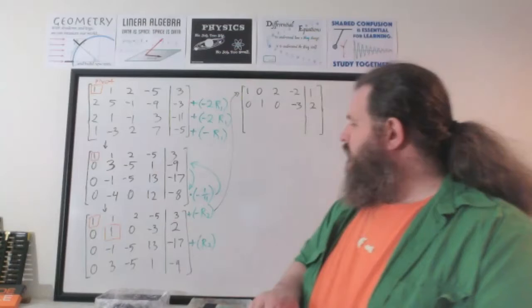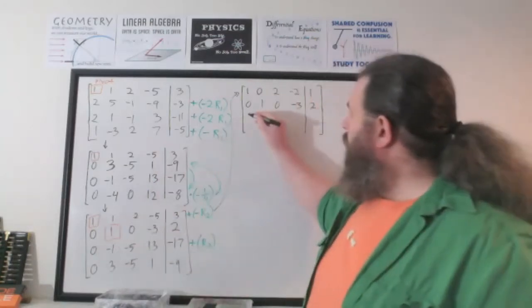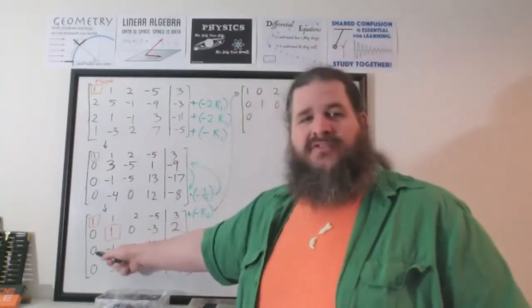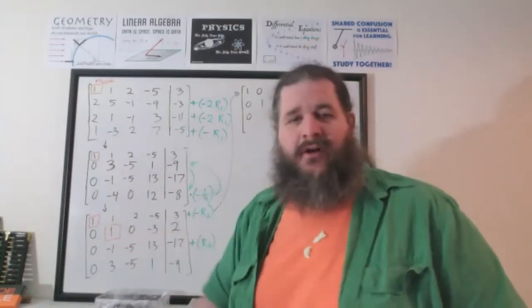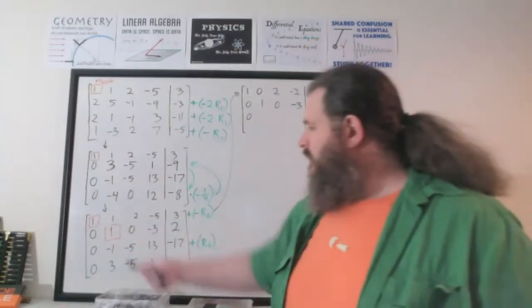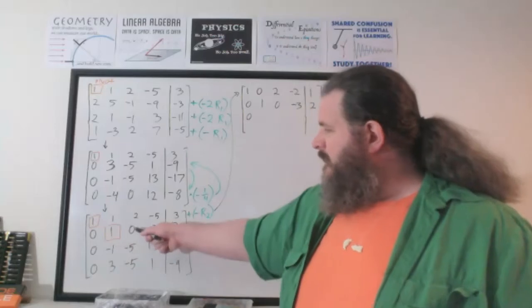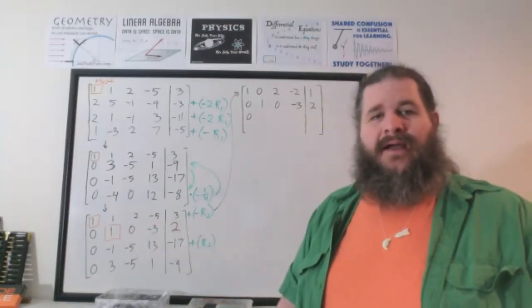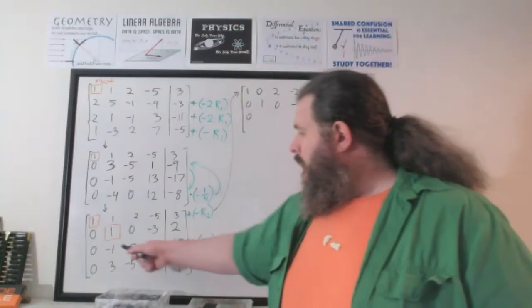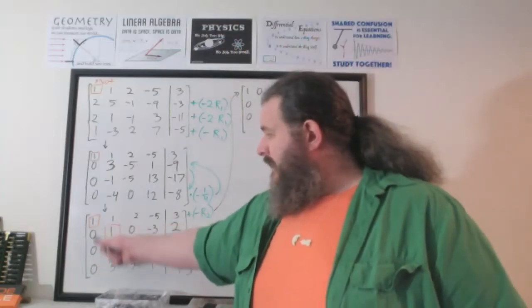So we'll just add those, 0 plus 0. And it's important that this 0 isn't changing. We spent a lot of time establishing that 0. We want to keep that 0. We don't want to lose it. If there are some other zeros that happen to show up, like if we lost this 0, that wouldn't be so much of a problem. We're going to be needing to address that column later anyway. But zeros you've already established on the left side you want to keep.